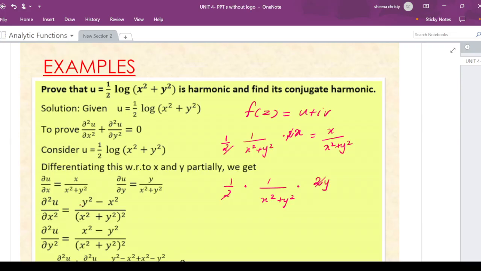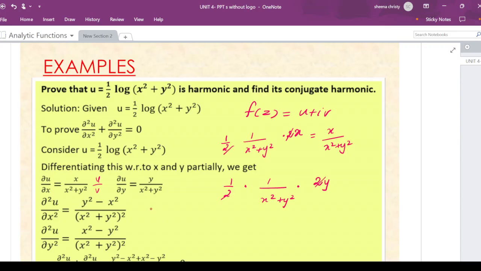Now to find the second order partial derivative of u with respect to x, again you have to use the division rule, the u by v formula. Let us take this as u and this as v.